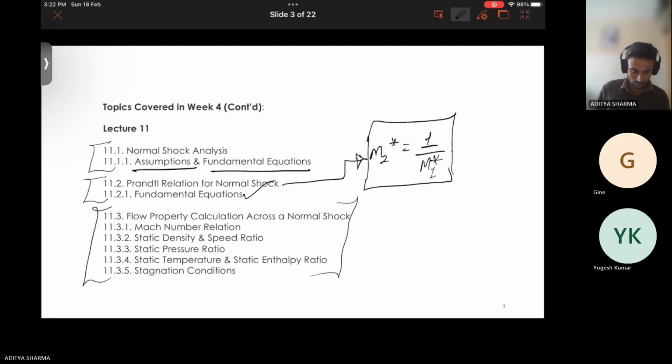Though the content that has been discussed till now is obviously very important, from the point of view that we must know the basics of a normal shock and some behaviors related to a normal shock. But this section, the flow property calculation across a normal shock, is, I must say, of utmost importance as far as a normal shock wave is concerned.